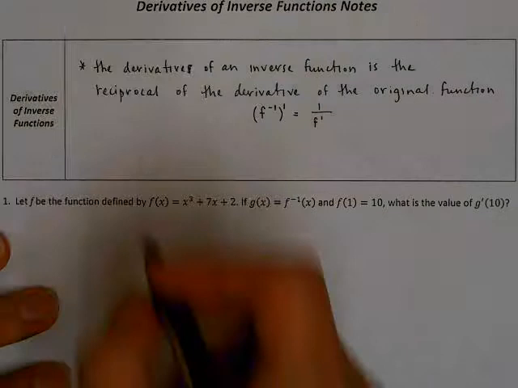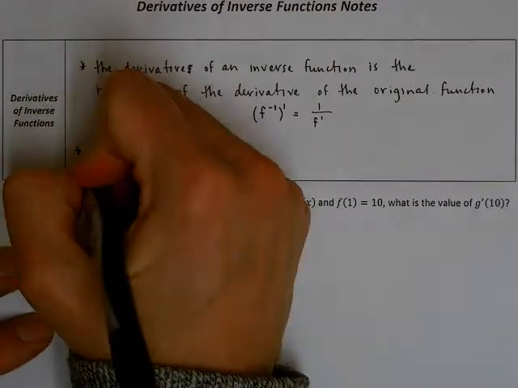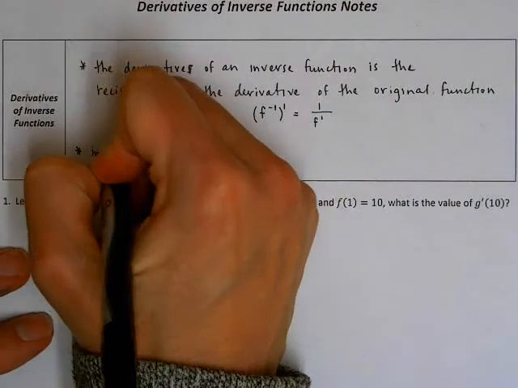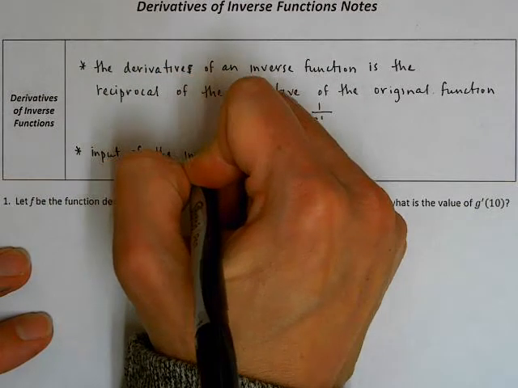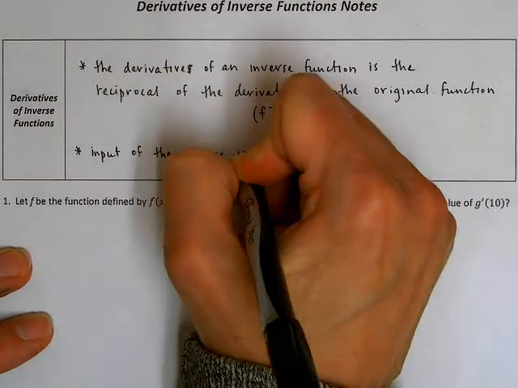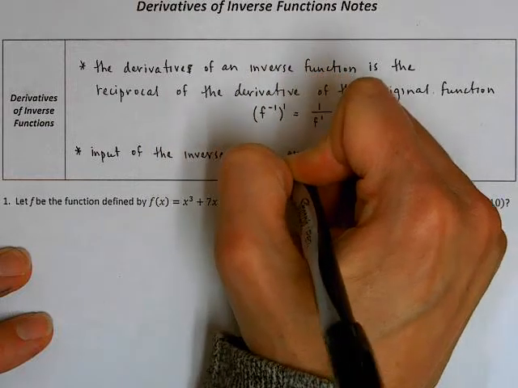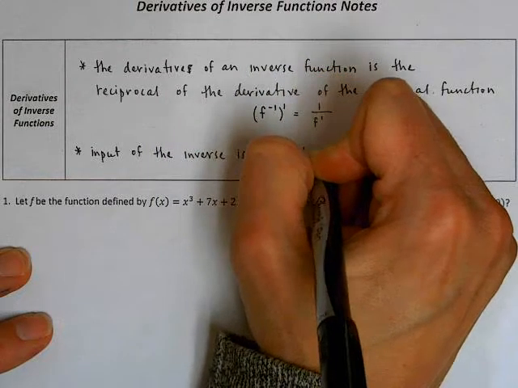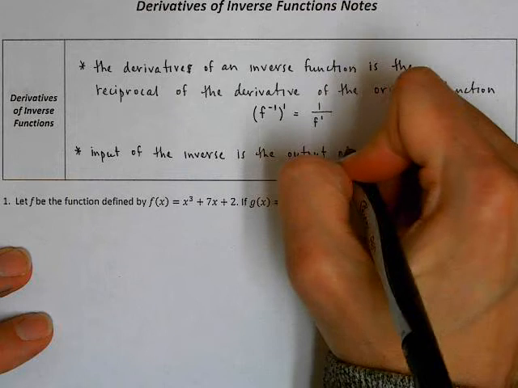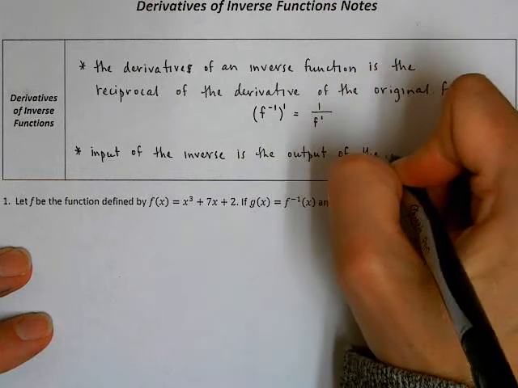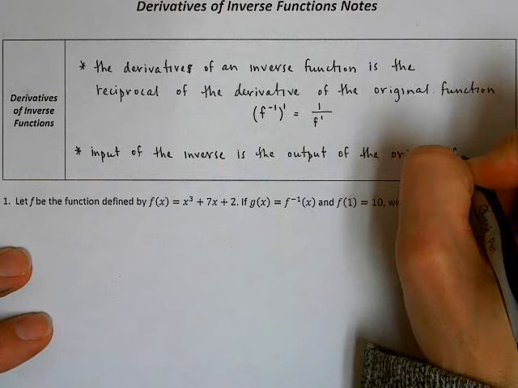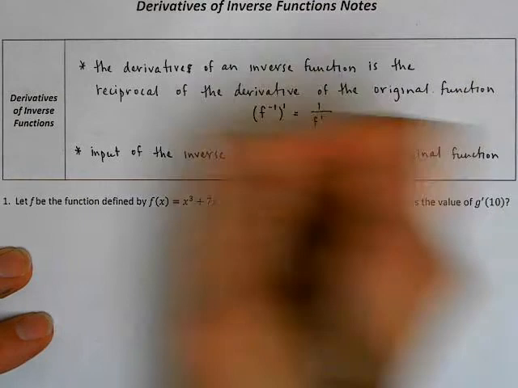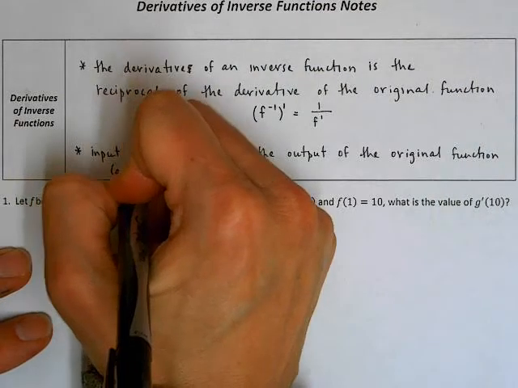Here's the second thing we need to remember. We know that the input of the inverse is the output of the original function, and vice versa.